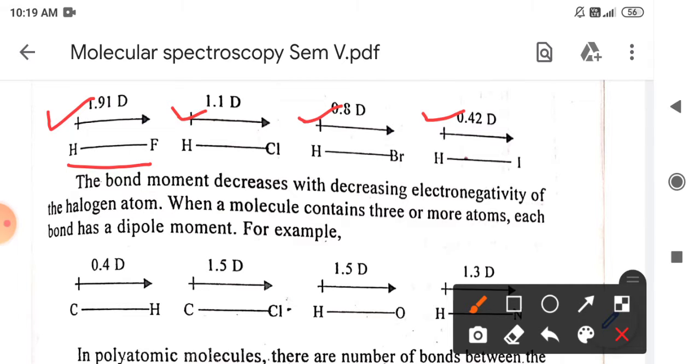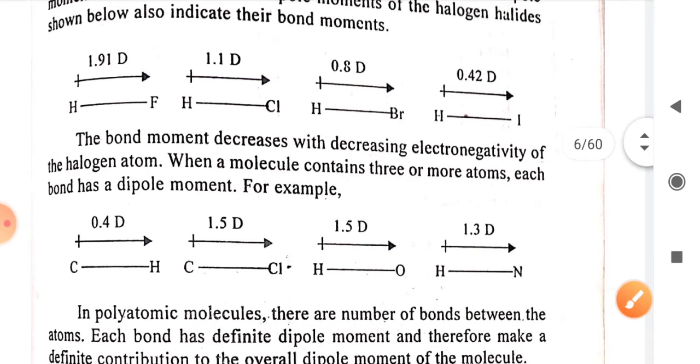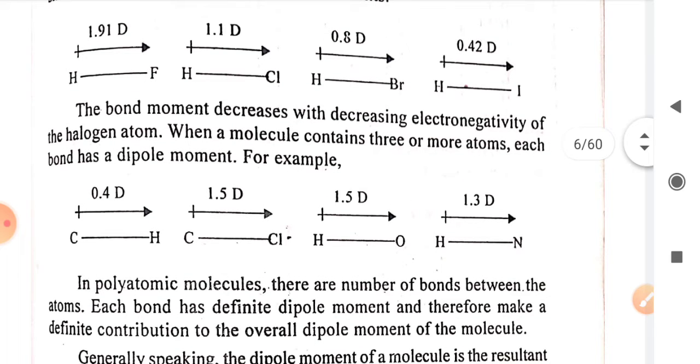Also you can see the size of this arrow decreases from HF to HI, because this arrow shows the magnitude of electronegativity difference, that means the magnitude of dipole moment in the given molecule.